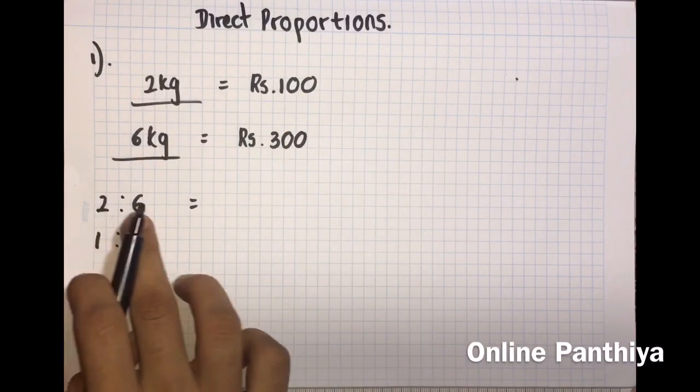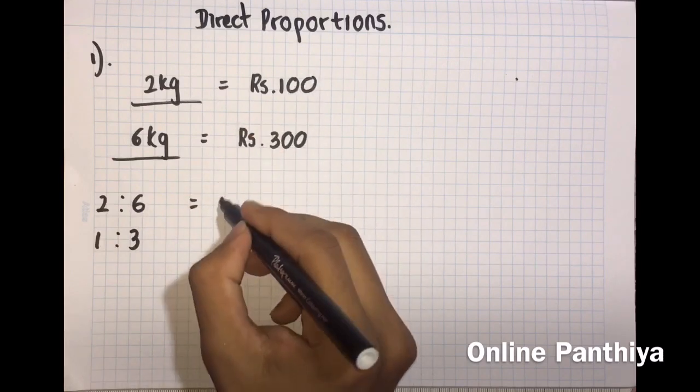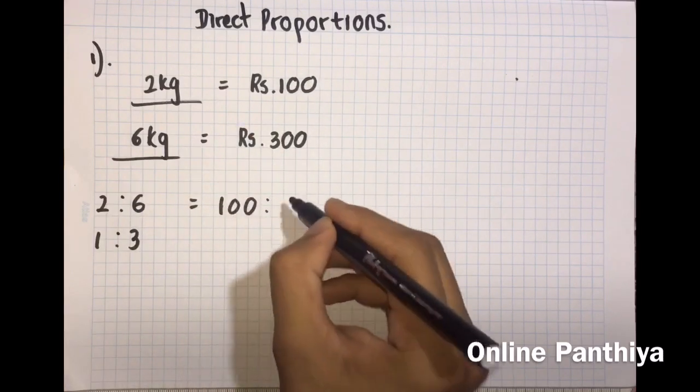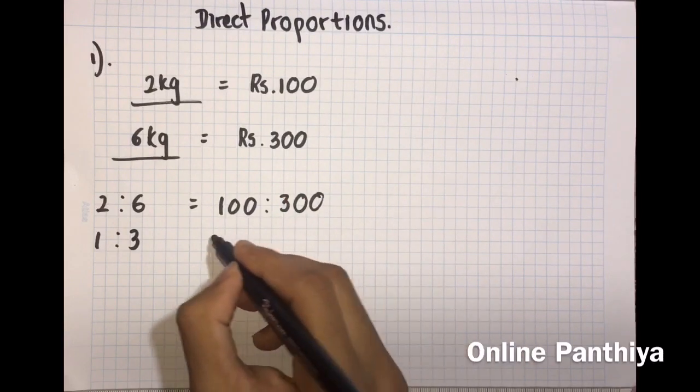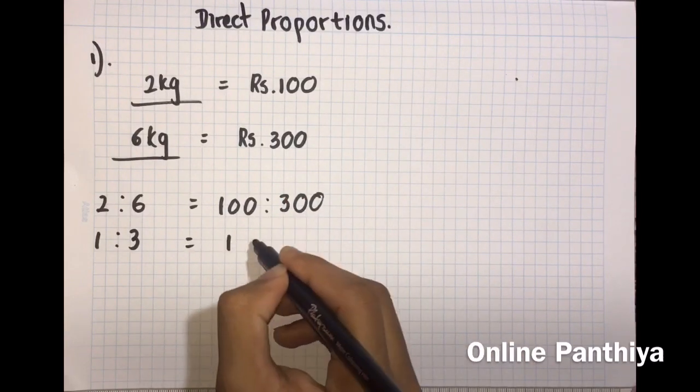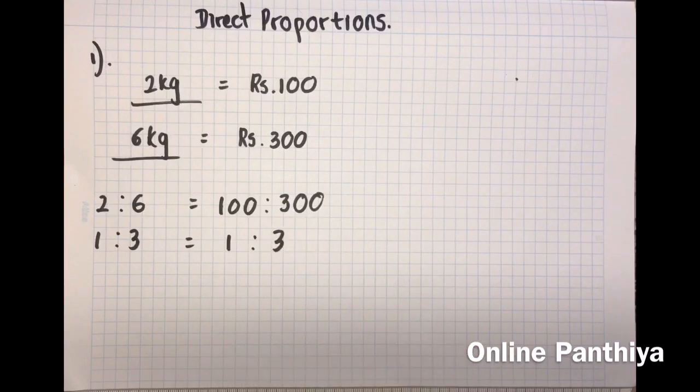Let us take the price: that is 100 is to 300. If you simplify, it is equal to 1 is to 3. Now see, the ratio of both is equal, 1 is to 3 and 1 is to 3. I hope that was clear.